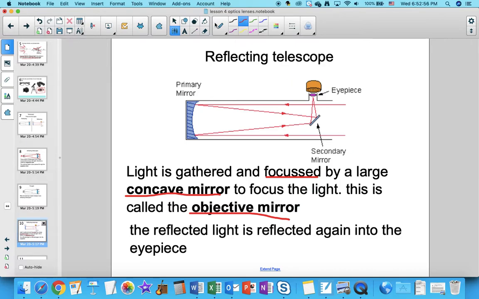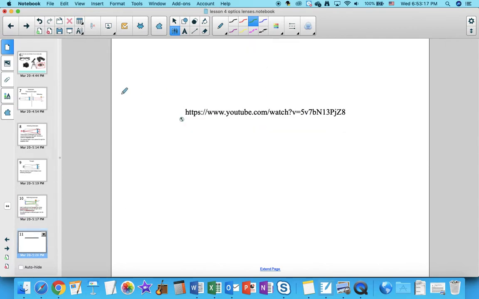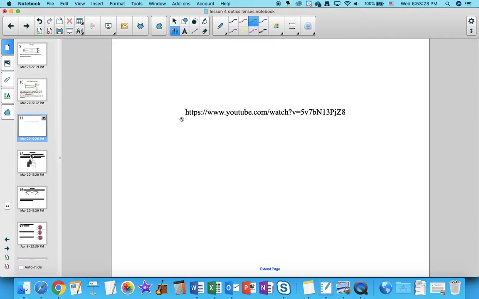So when you look through a reflecting telescope, light hits the edges of this mirror, like so. Collects at the objective mirror, which is concave, which then focuses the light here. And then all the light bounces up over there. Right? So this video will talk about this in more detail and explain it with more images and visual aid.